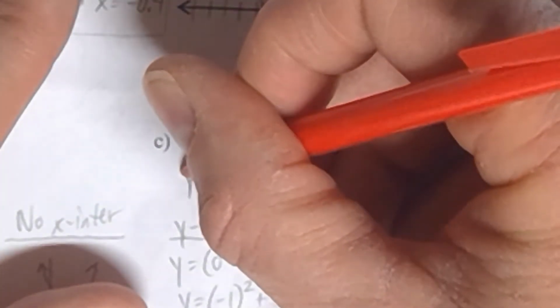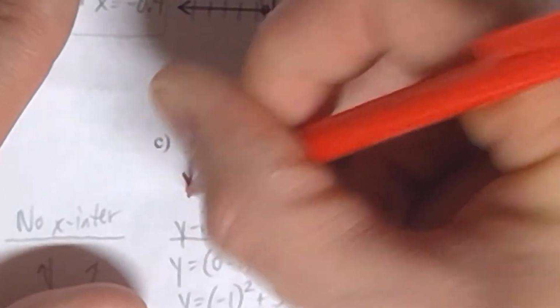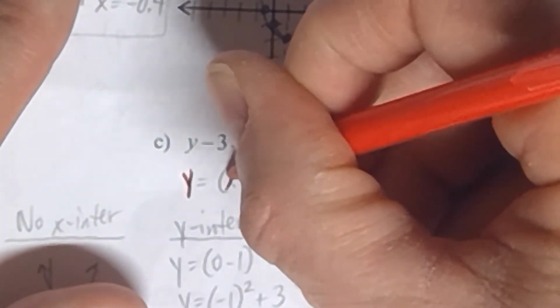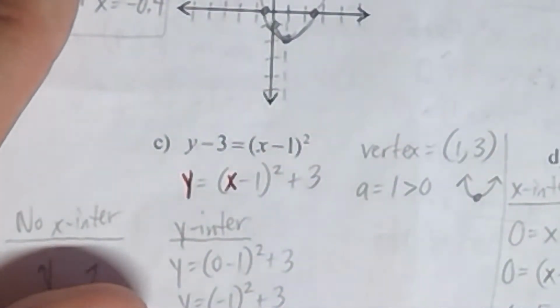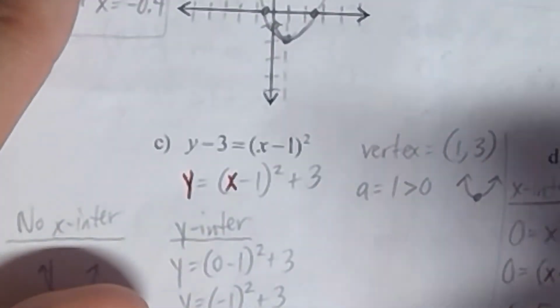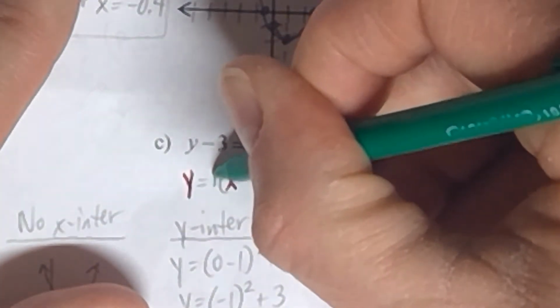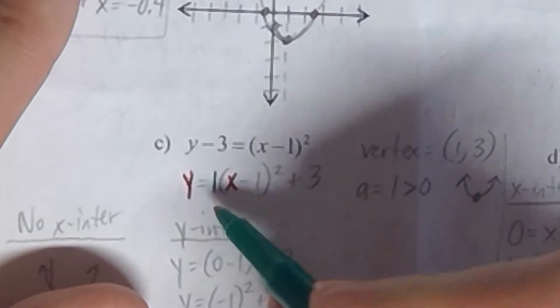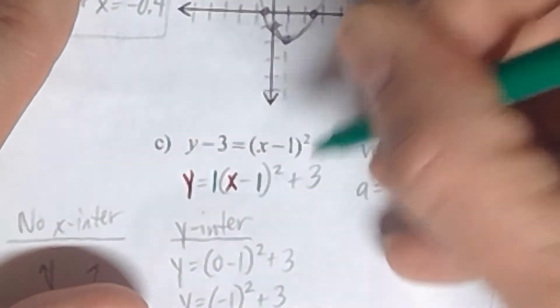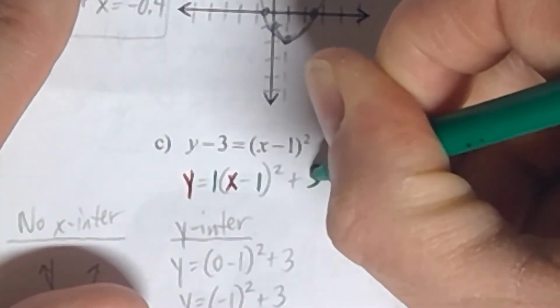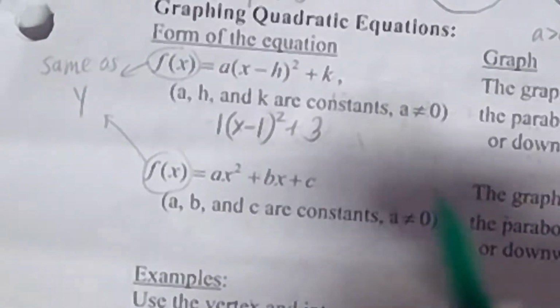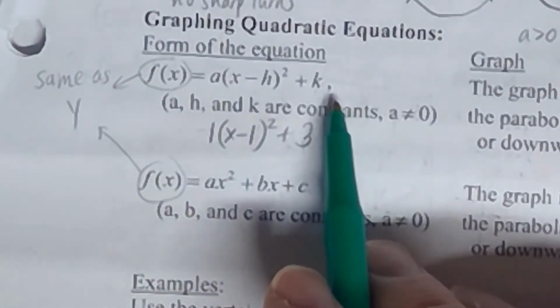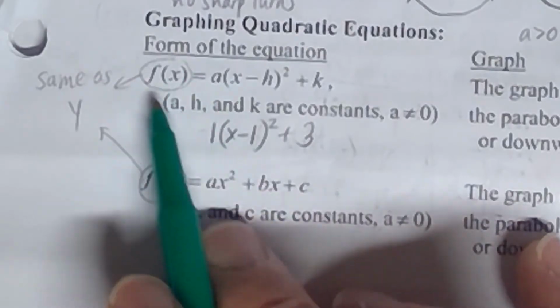The x and the y were the variables, and the a, the h, and the k were the constants. Okay, there's an invisible a right there, 1. There's your h, and there's your k. Okay, so the a, the h, and the k were the constants. The x, and then this is the y right here.